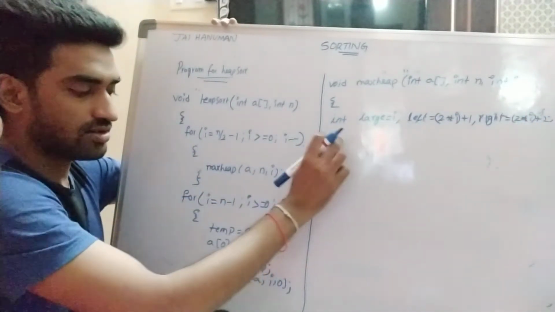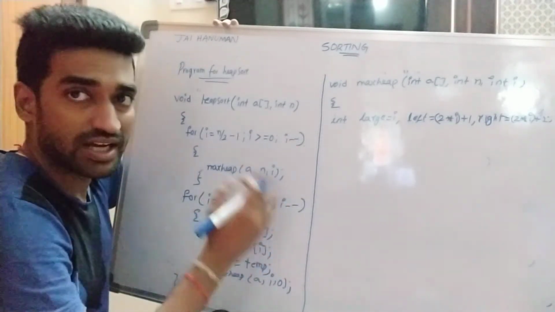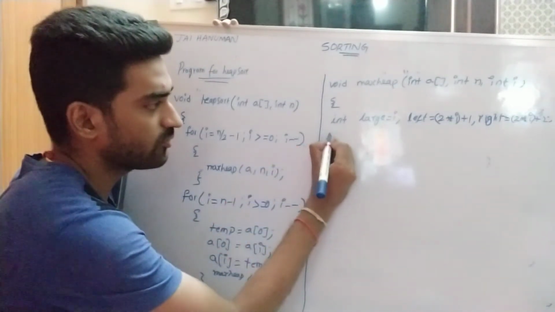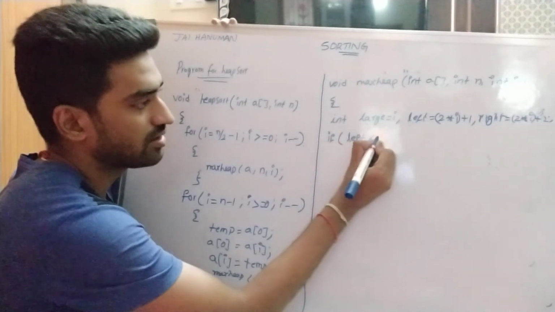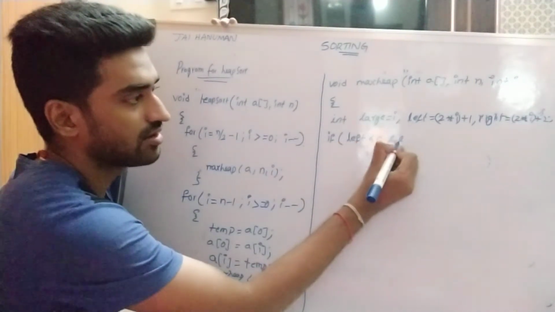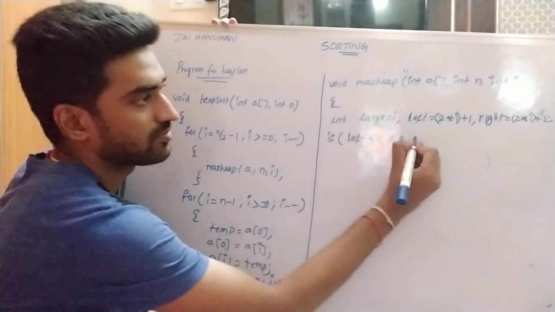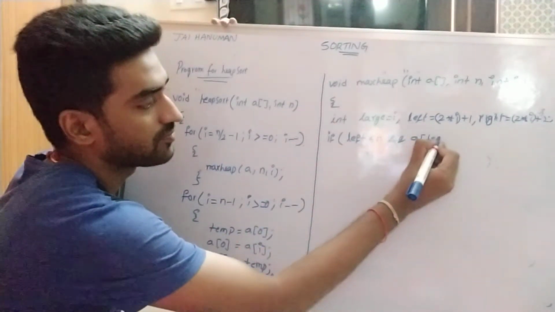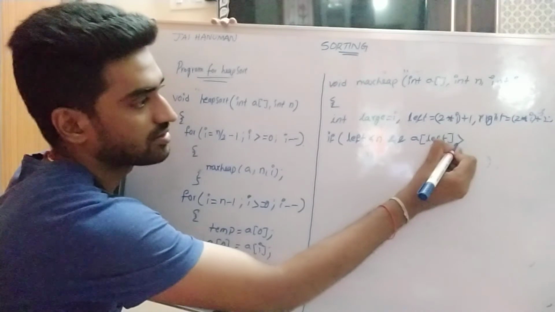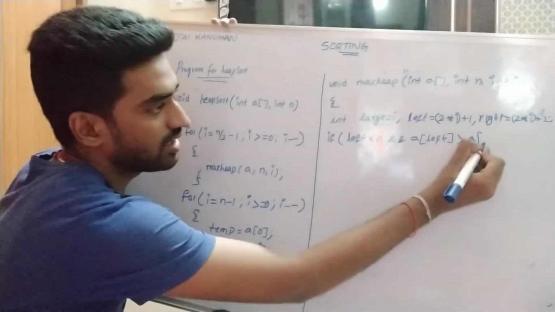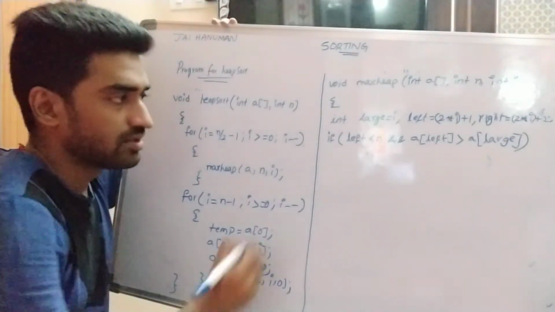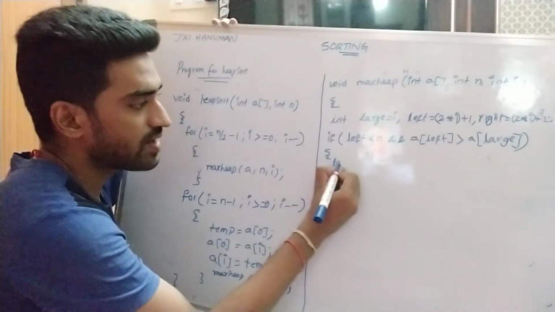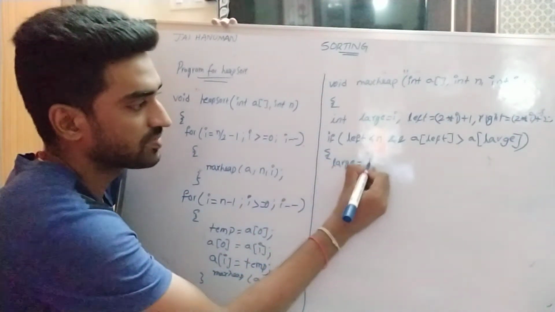So once we set all the values, we can check some conditions. If left less than n, logical and a of left greater than a of large, then large value is set to left.